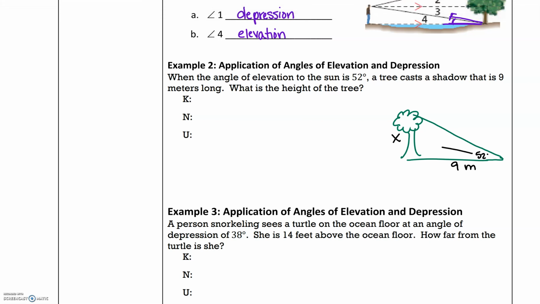So now we know that we are needing the opposite. We have the adjacent, so we are going to be using the tangent of 52 equaling the O over the A.